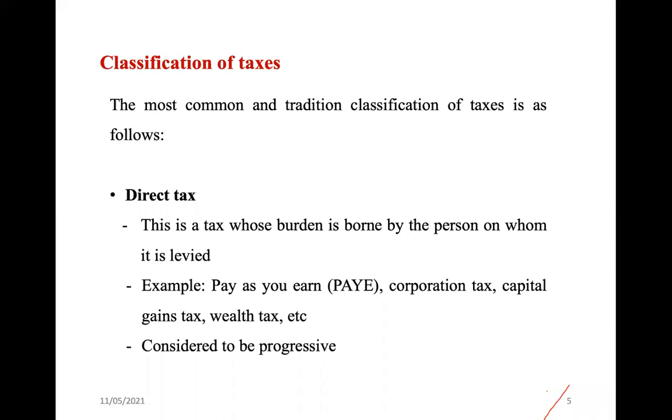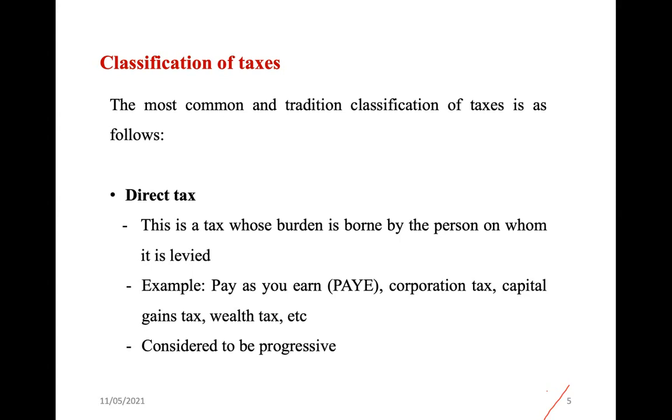An example of a direct tax is the pay as you earn tax. So you can think of the income taxes that employees pay on their incomes, pay as you earn. You can also think of corporate income tax as a direct form of tax.